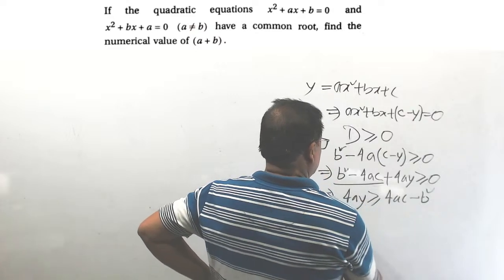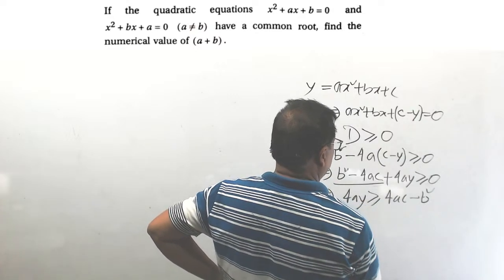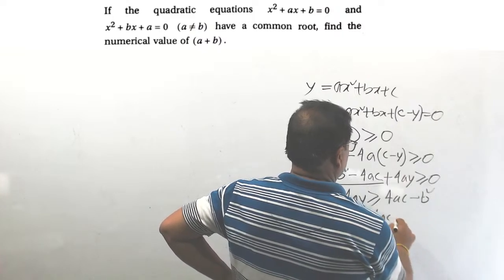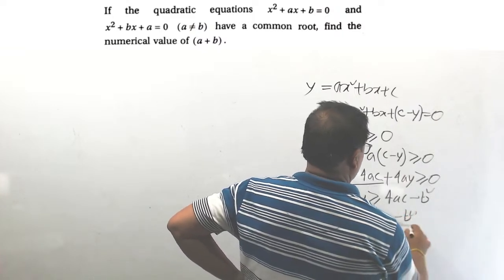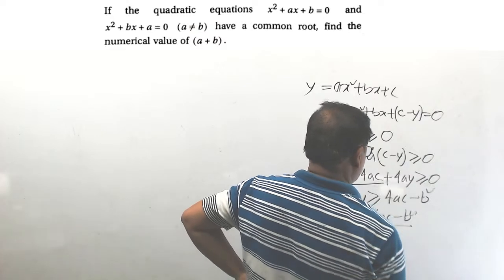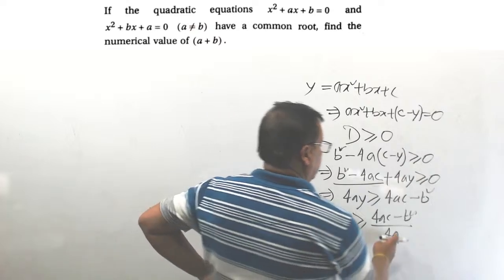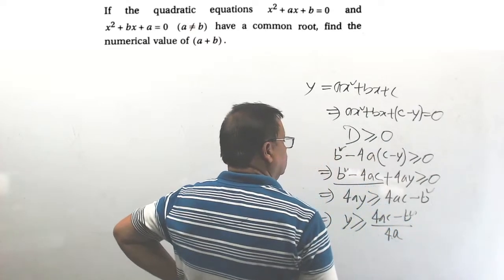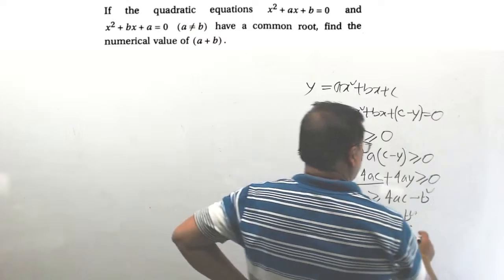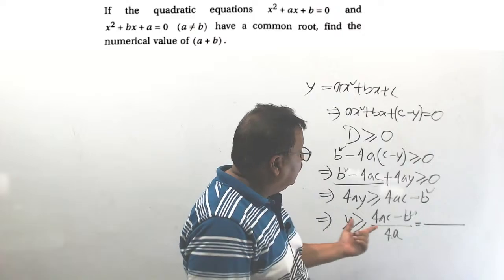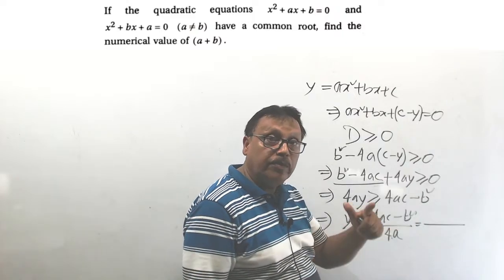This implies y greater than or equal to 4ac minus b square by 4a. Understood? Can we write this? See, what is D? D means b square minus 4ac.